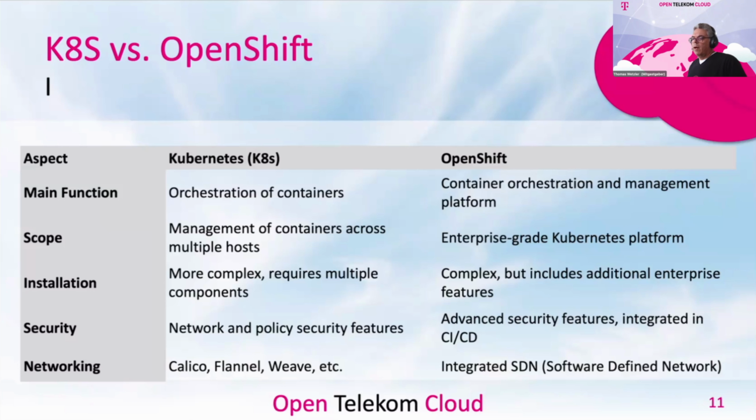capabilities are missing. Then, if you're installing Kubernetes, you have to make some architectural decisions, which OpenShift solves by the product thinking itself. For instance, as you see here in networking, you have several modules in Kubernetes, Calico, Flannel, and so on.